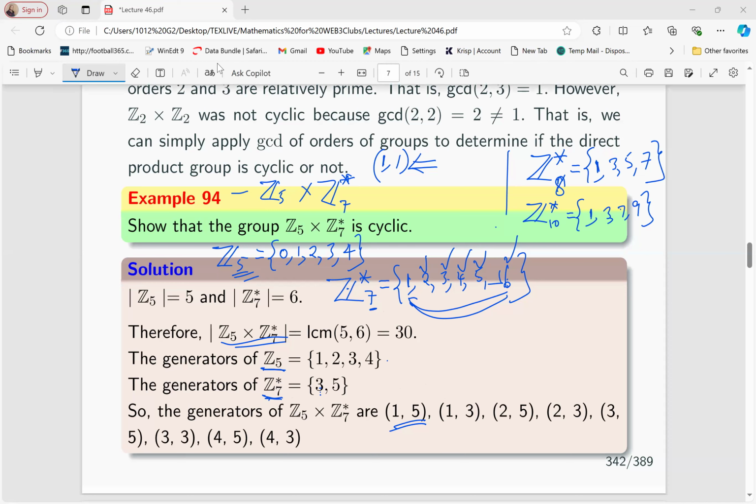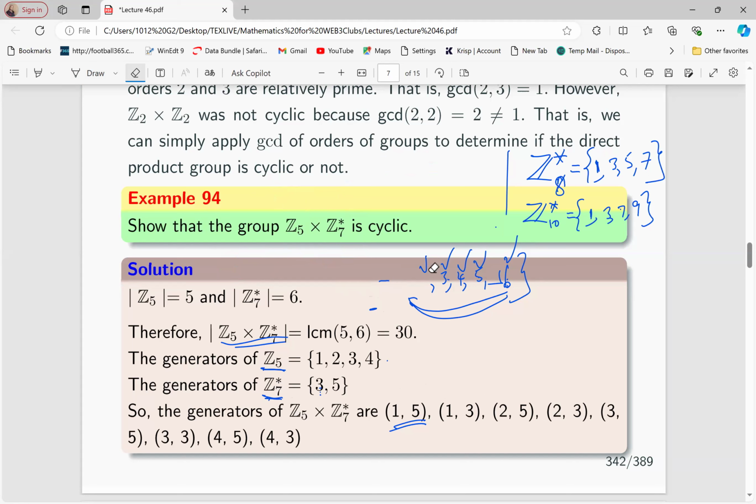Okay, let's continue. So you see, we learn how to write those codes, programs to do this, getting generators for us, because for security reasons, when you are dealing with these crypto systems, we want to deal with the bigger groups.